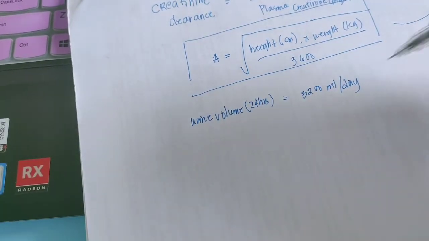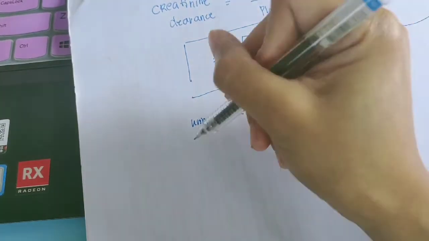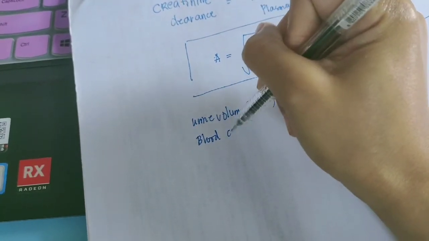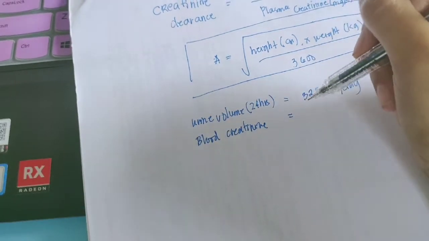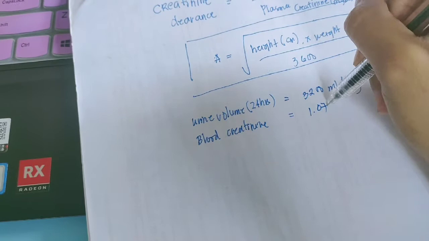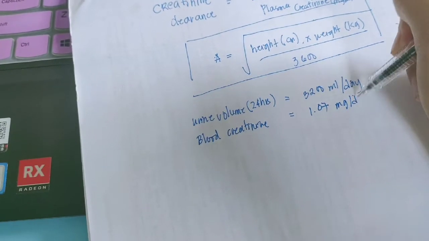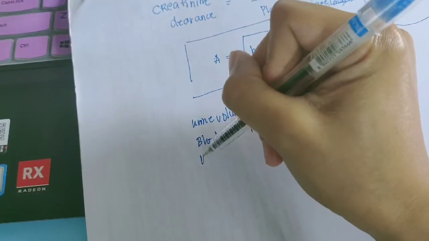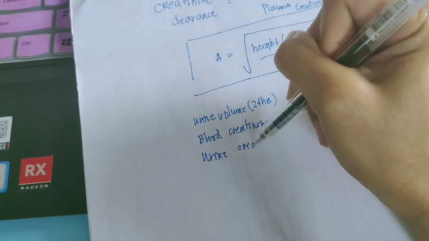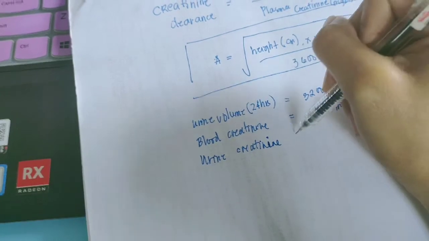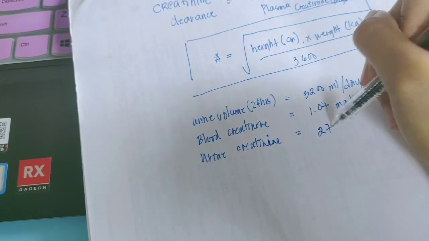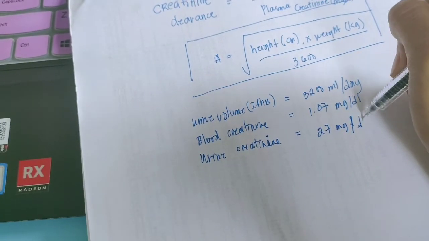And then we have your kunwari blood creatinine value. Ang nakuha kunwari sa machine ay 1.07 milligrams per DL. And then, what if the given value for urine creatinine is equivalent to 27 milligrams per DL.